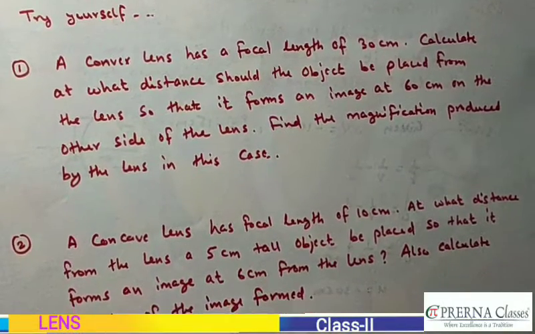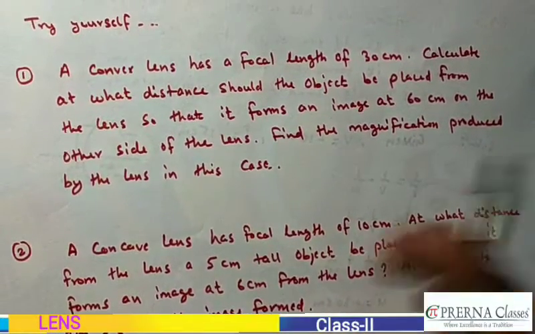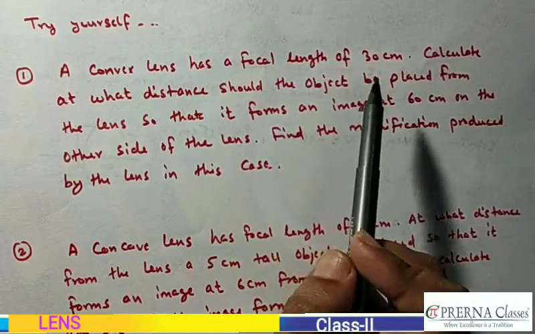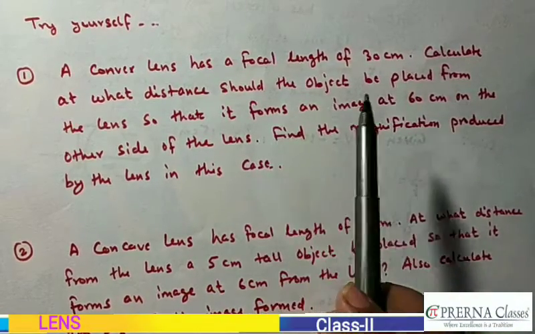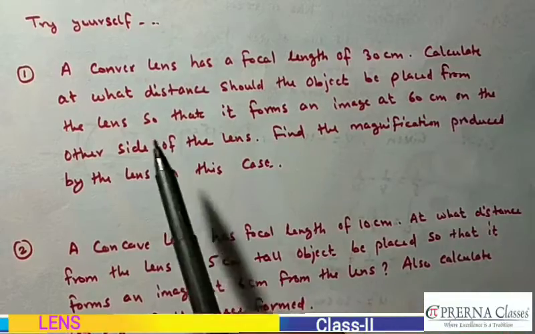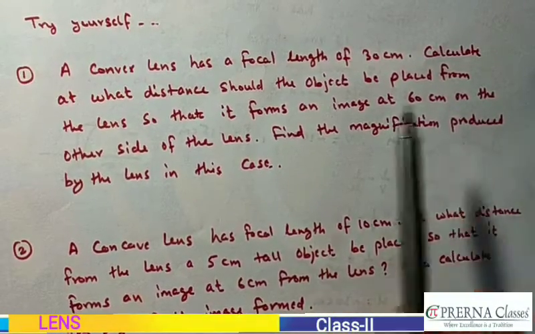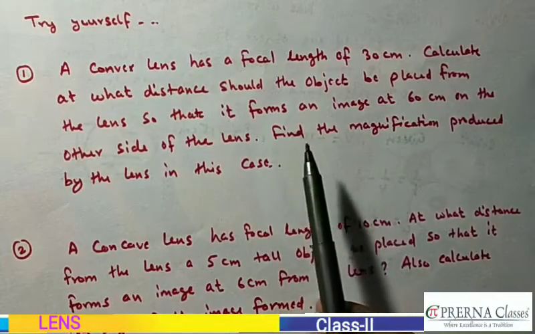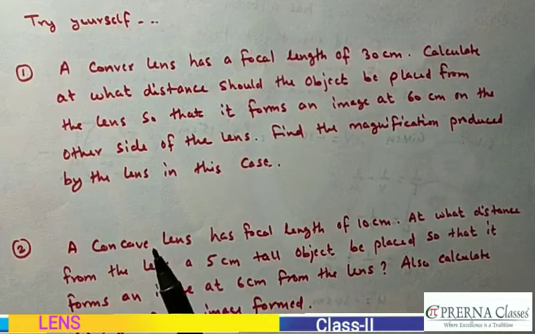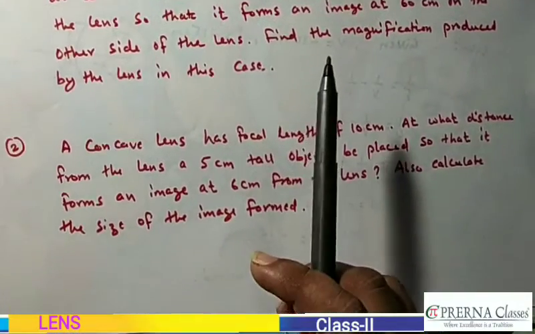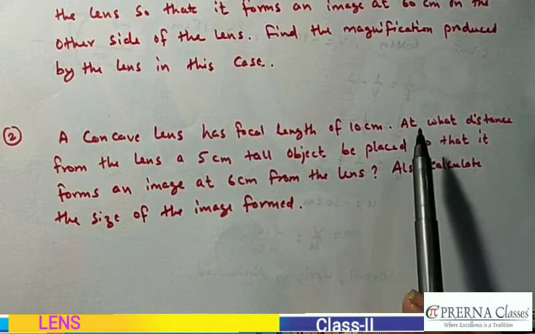These are a few questions which you should try yourself. First, a convex lens has a focal length of 30 centimeter. Calculate at what distance the object should be placed from the lens so that it forms an image at 60 centimeter on the other side of the lens. Find the magnification produced by the lens in this case. Second question: a concave lens has a focal length of 10 centimeter.